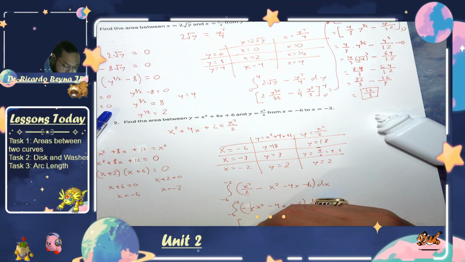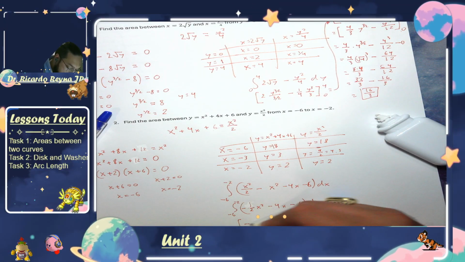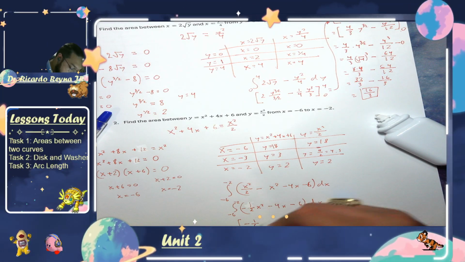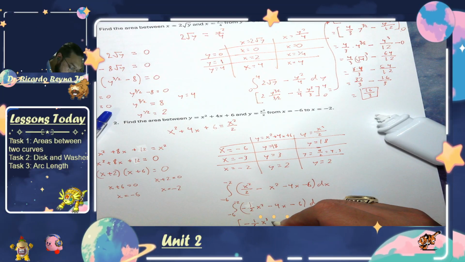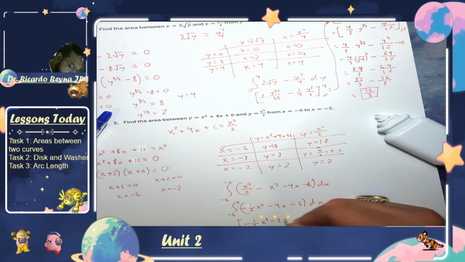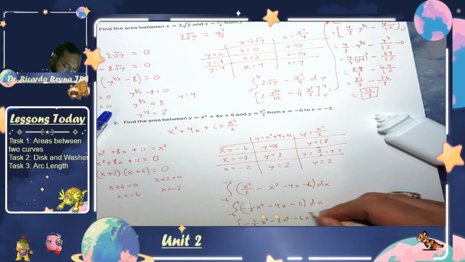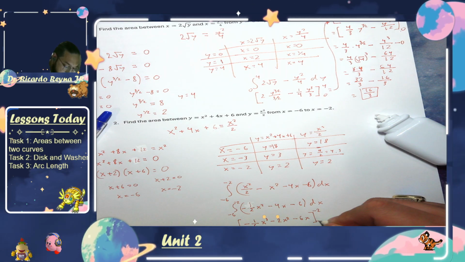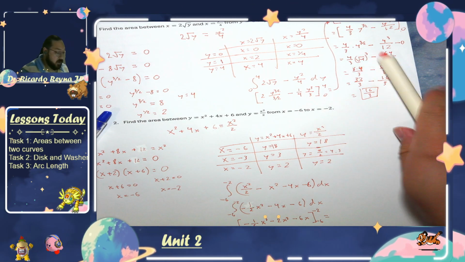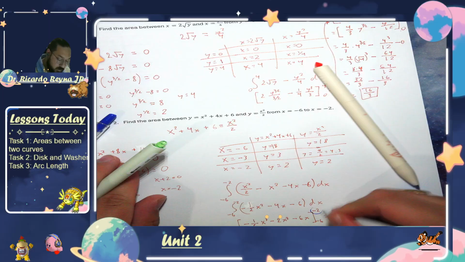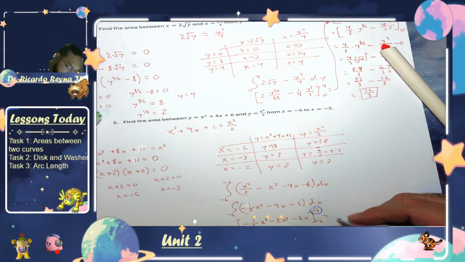So we have negative 1 over 6 x to the power of 3 minus 2x squared, and then minus 6x, for -2 and -6. And now we have the thing where that 0 doesn't just disappear, right? So we should do 2 sets of these.